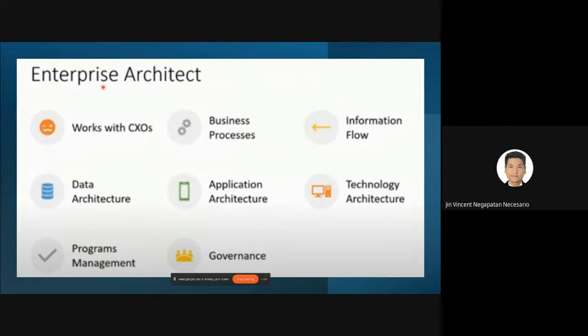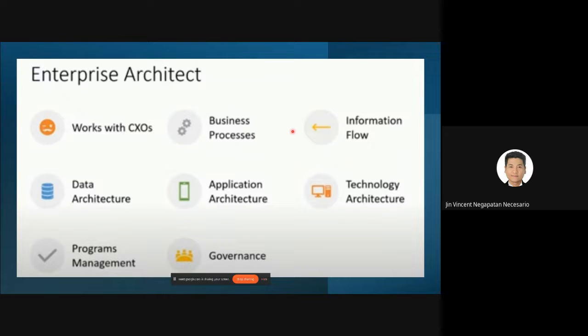For example, in the day-to-day job of an enterprise architect, they usually talk to executives, for example the chief information officer. They wanted to know the business process of a certain component or a certain system within their business. And from that, you can move forward in knowing the information flow of those business processes.